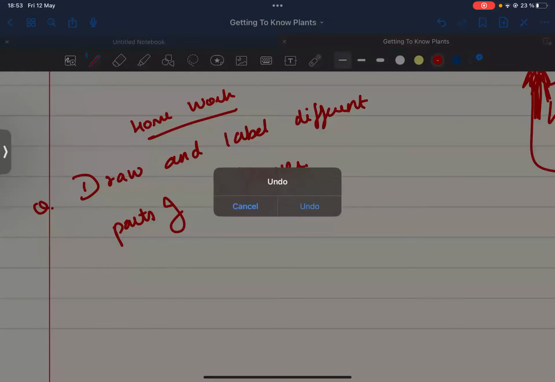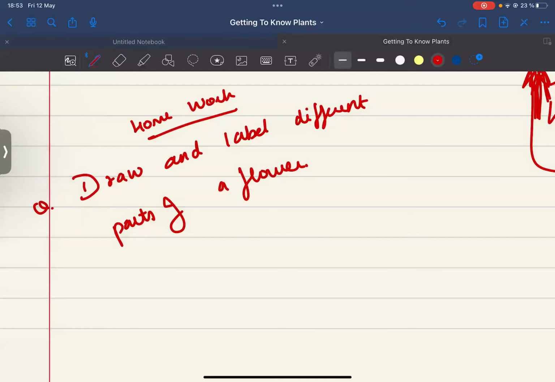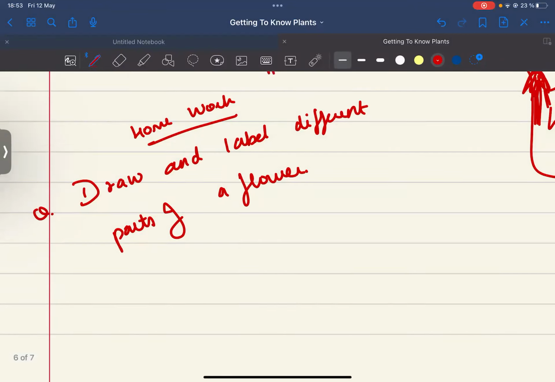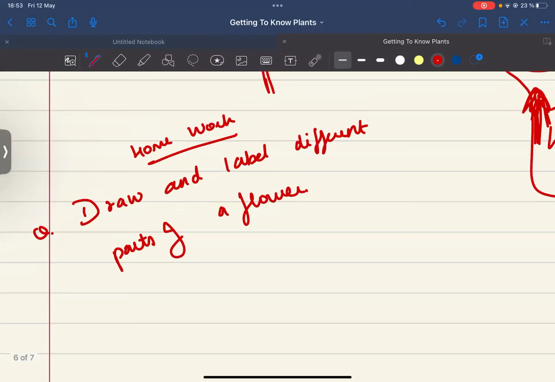Ma'am, is it flower? Yeah, it is a flower. Ma'am, please don't erase. Sorry? Ma'am, please don't erase. I'm not erasing it. If you're done, you can leave the class. Ma'am, I'm done, Aishwarya. Yeah, thank you, Aishwarya.